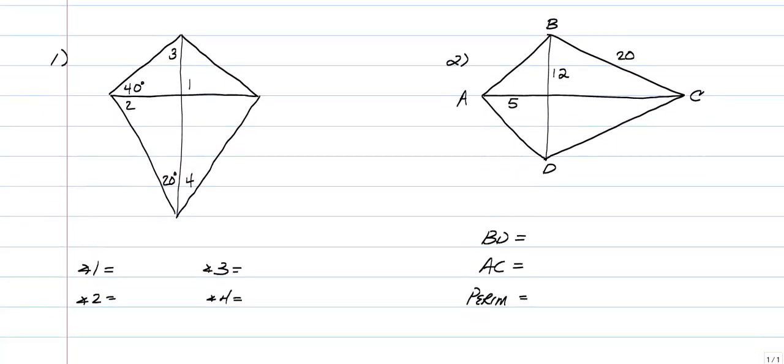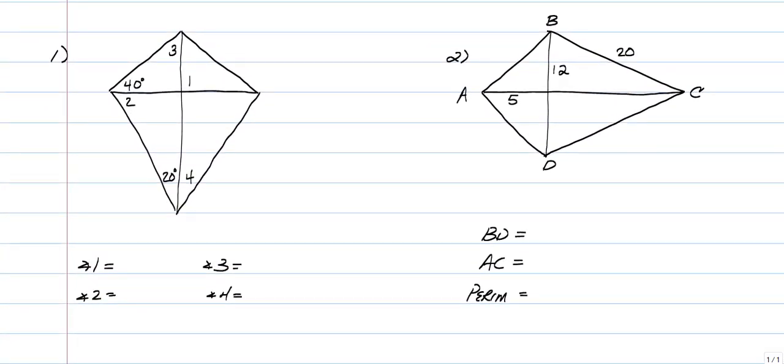So now we're going to do a little bit of application with it. In the first one, it's just finding missing angles. So if you know your properties, it's pretty easy to do. First of all, usually the easiest thing to start off with is all of the angles in the center are going to be 90 degrees because diagonals are perpendicular.